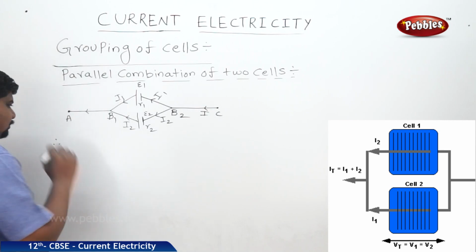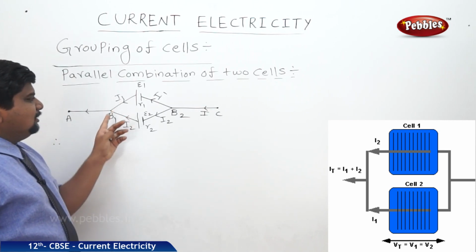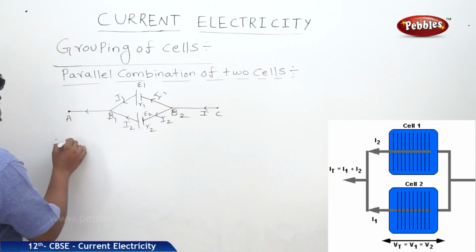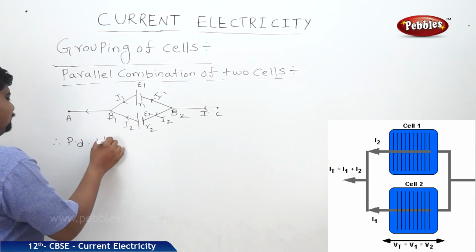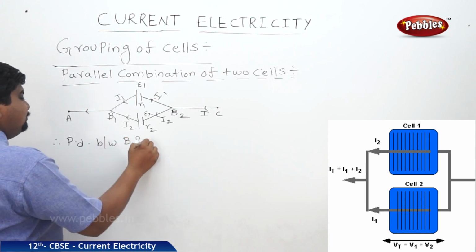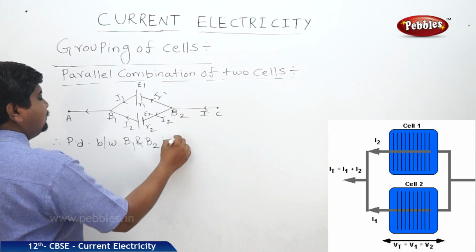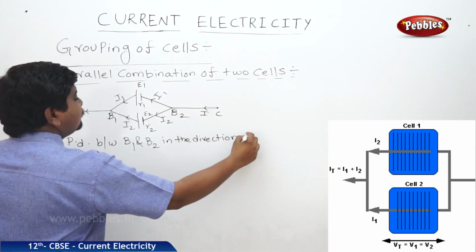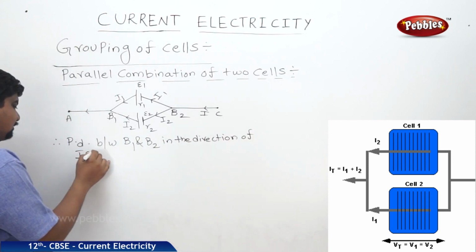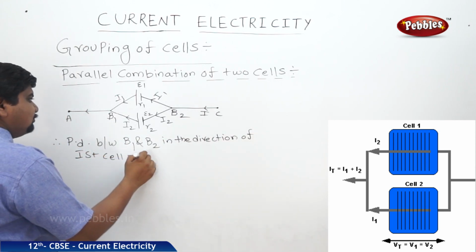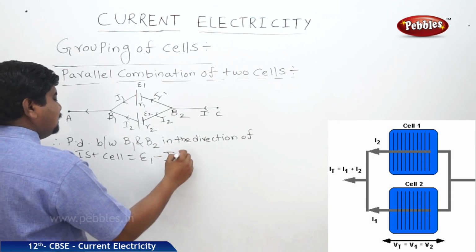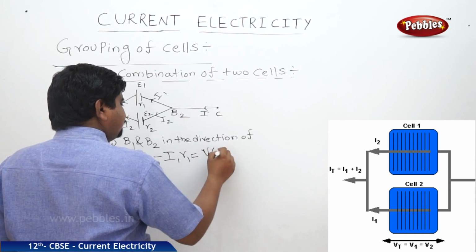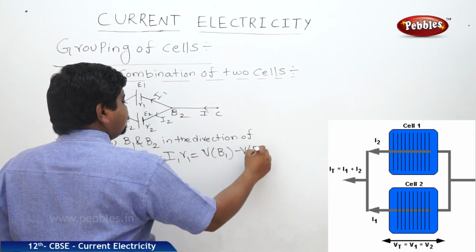Now please listen. What is the potential difference between B1 and B2 in the direction of the first cell? PD between B1 and B2 in the direction of the first cell is equal to E1 minus I1 R1, which is nothing but V of B1 minus V of B2.